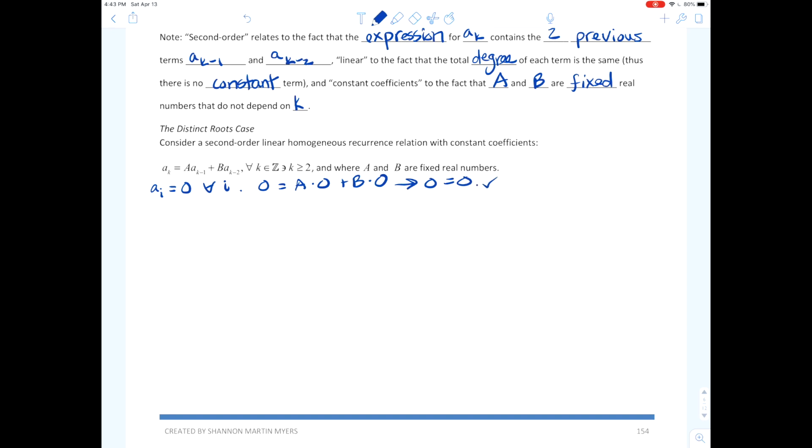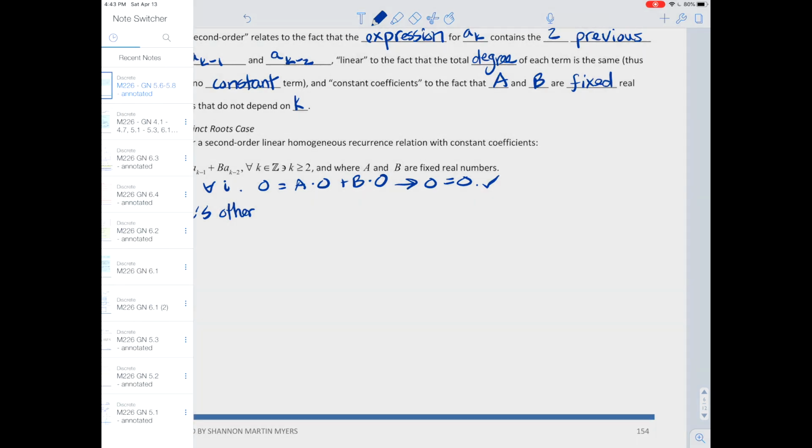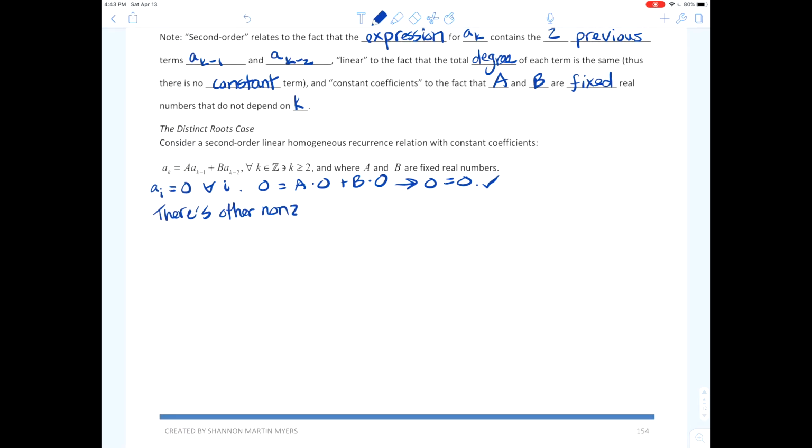So that checks out, that works. But it turns out that there are other non-zero solutions too. So this is what we're going to be looking at, okay?